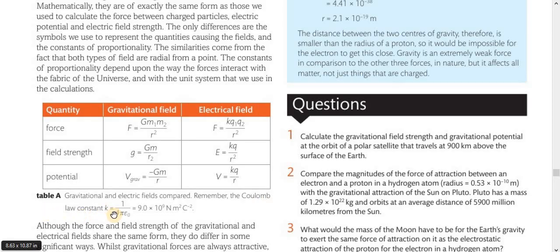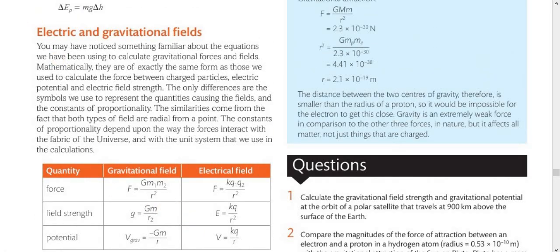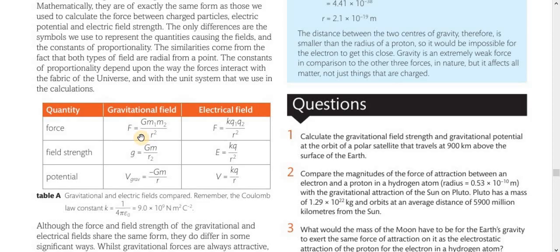Remember the Coulomb law constant. k is equal to 1 over 4 pi epsilon naught, and it is equal to this. Okay. In the case of gravitational fields, we have this constant G. In the case of electric fields, we have the constant k. And here we have masses m1, m2. Here we have charges q1, q2.